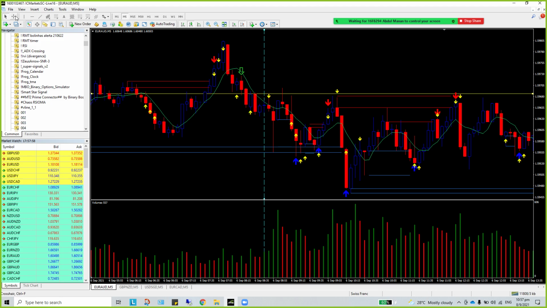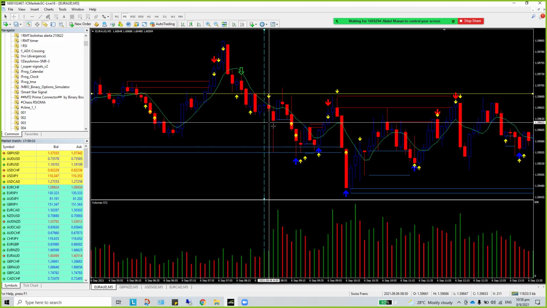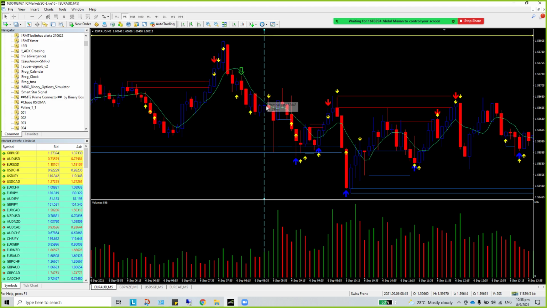This yellow moving average, is it according to the moving average value of this candle? Can you show me the correct position of this yellow line?